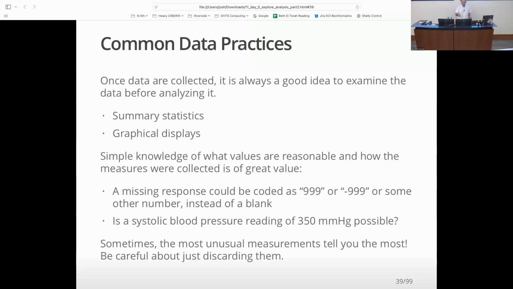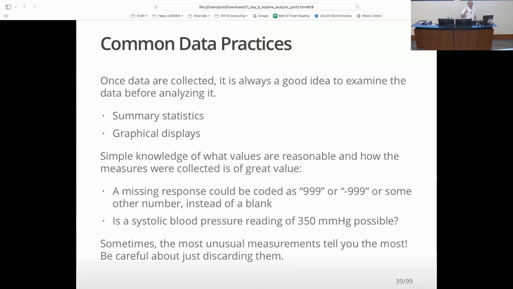So, 2 examples here. Sometimes missing responses are given a special coded number. It can be a 999 or a negative 999 or a -1 for a value that should only be positive, or a 0 for a value that can't be 0. Another example here is a systolic blood pressure reading of 350 millimeters of mercury. Is that possible? I'm guessing no, I actually don't know whether that's possible or not.